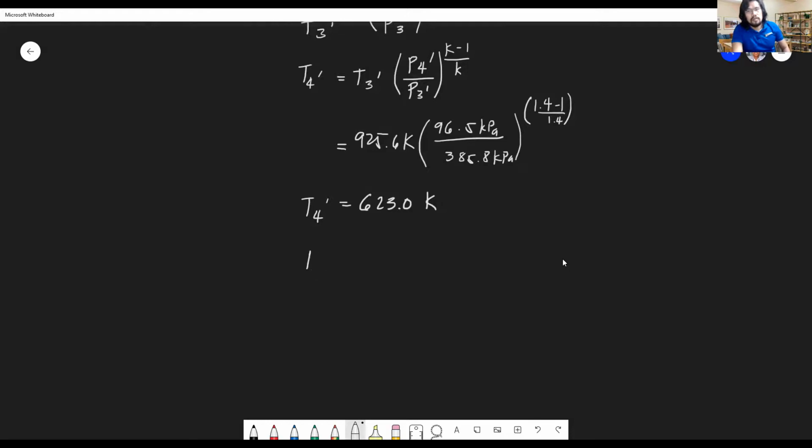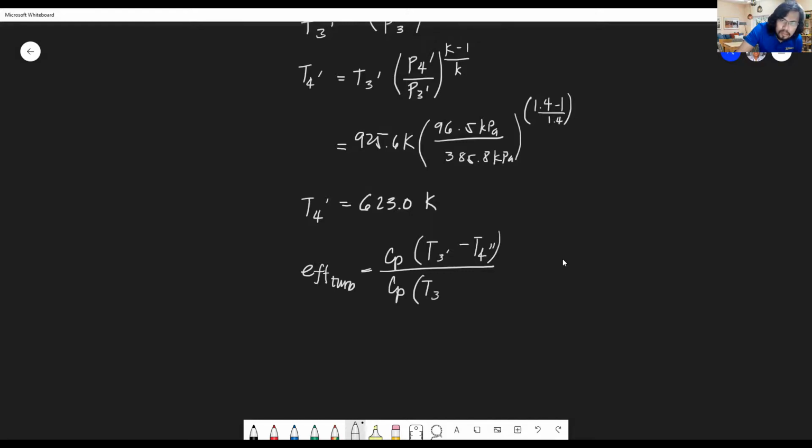Okay, and that is going to be an efficiency computation involving the turbine. So the efficiency of the turbine is Cp times T3 prime minus T4 double prime over Cp times T3 prime minus T4 prime.